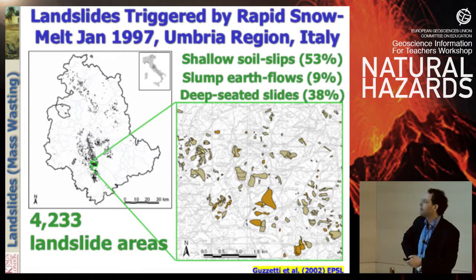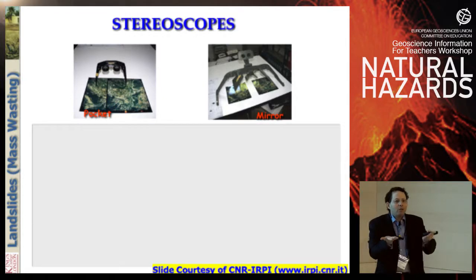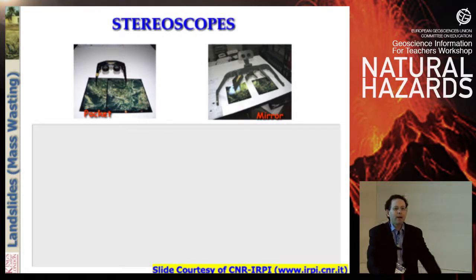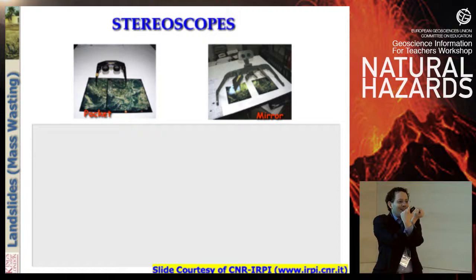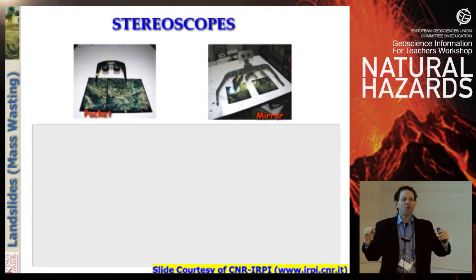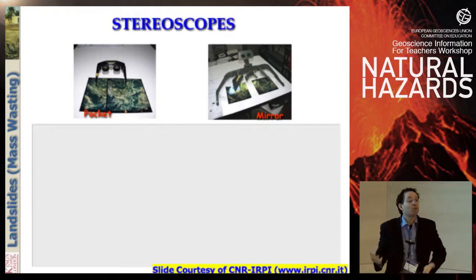Now for the detailed mapping, originally we would use air photos. If you imagine taking two fingers like this, crossing your eyes, and you can see a little finger in the center, this is what a stereoscope is doing. You're taking two pictures that have been taken at slightly different angles and merging them together so you see a 3D image.